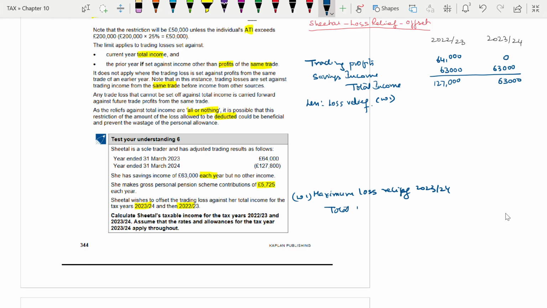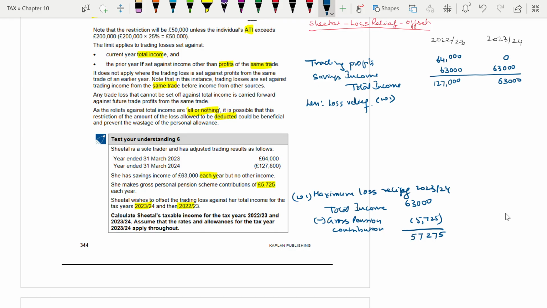Total income is 63,000. Minus gross pension contribution. How much is the gross pension contribution? 5,725. How much will you get? 57,275.